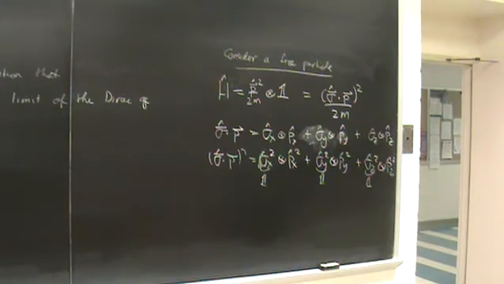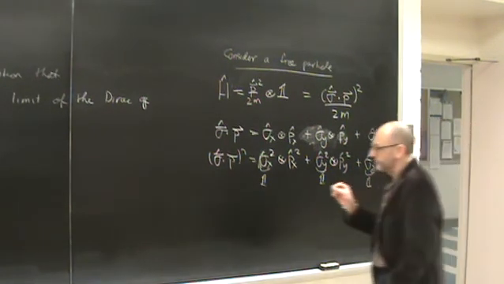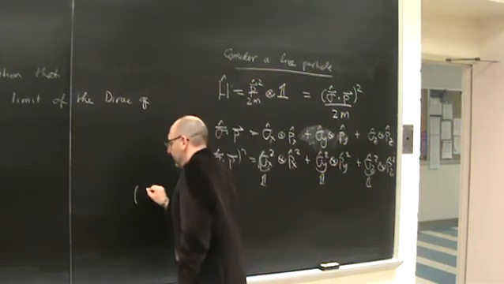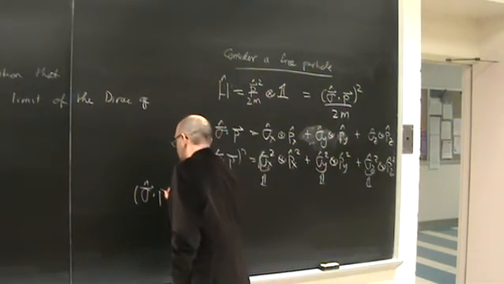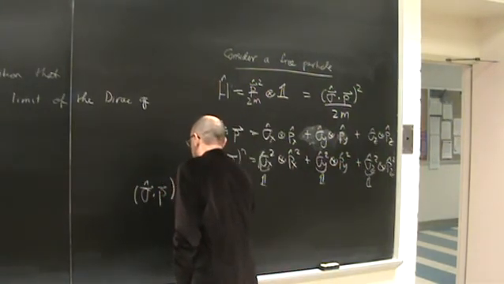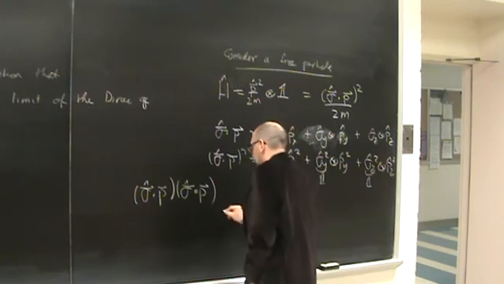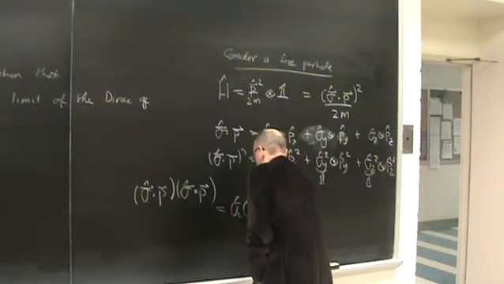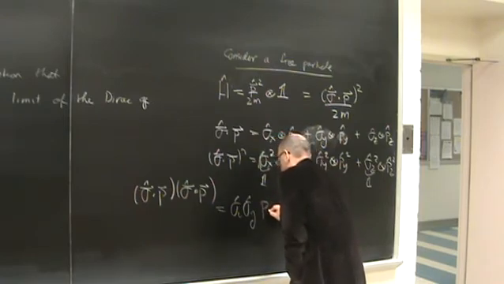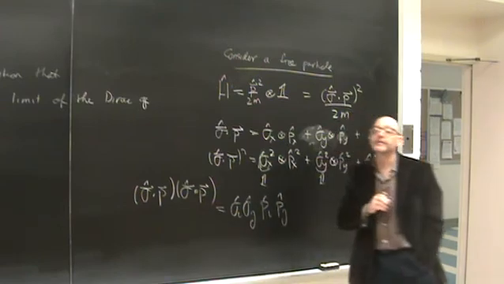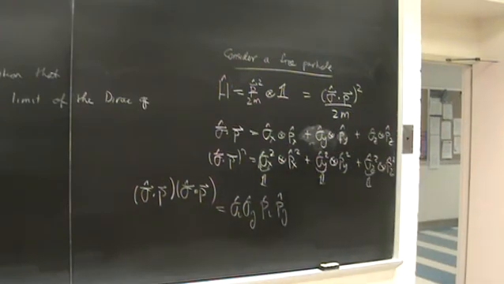Why don't you have cross terms? Yeah, they all vanish. We can see it in the following way. Here's another way: this is sigma i sigma j, pi pj, sum over i, sum over j.